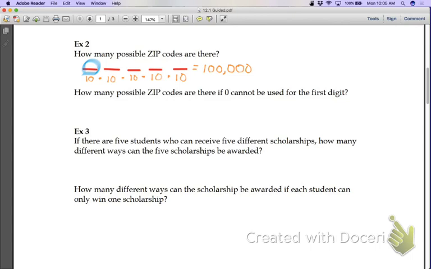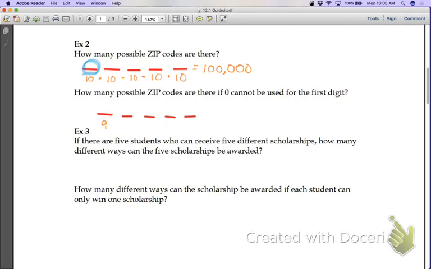It doesn't say anything about every other digit after that, but the first digit can't be a 0. So if I go back to each blank, what's the only value that's going to change? First one. How many options do I have? 9.